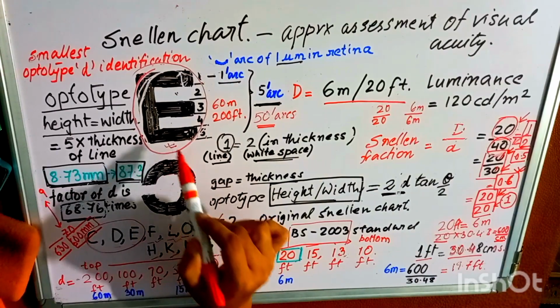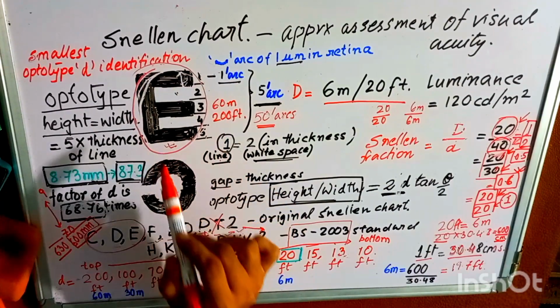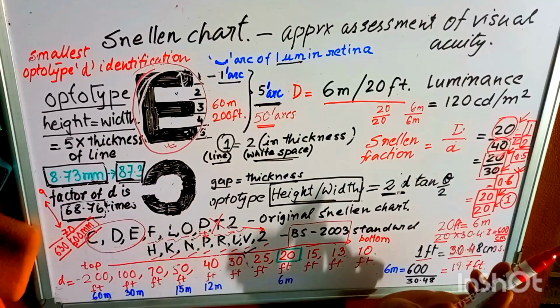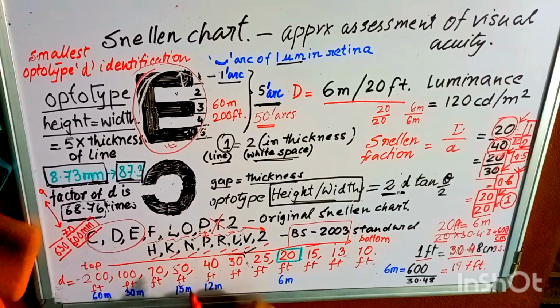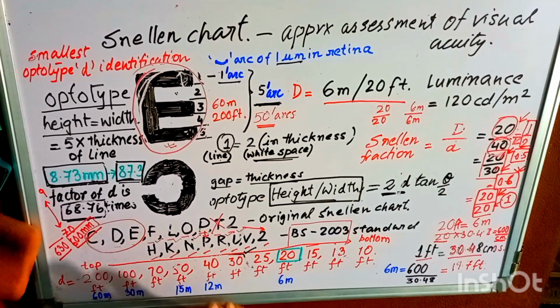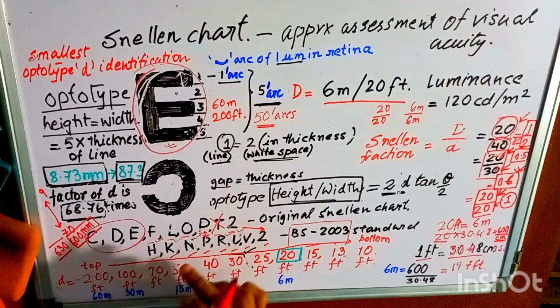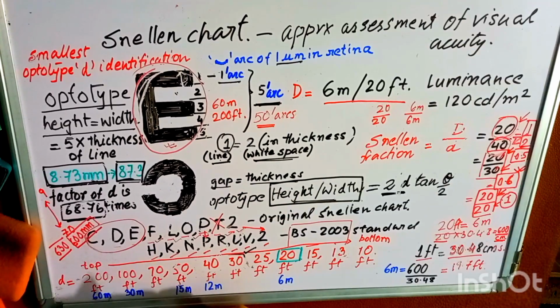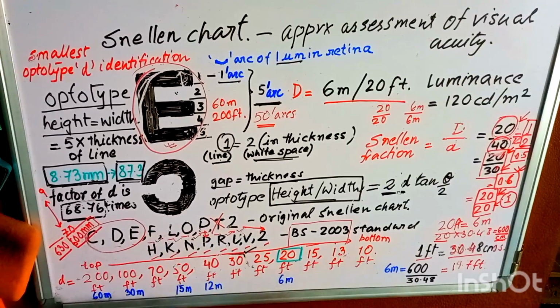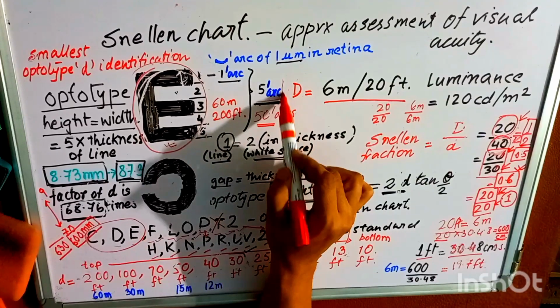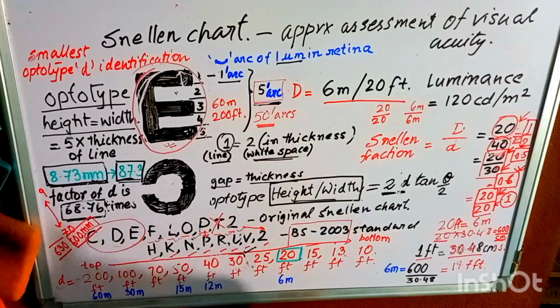By seeing the E, the largest one from 200 feet, or the 8th line, the smallest one from 20 feet, both the largest one from 200 feet and the smallest one from 20 feet subtend an angle of 5 radian arcs in the retina.